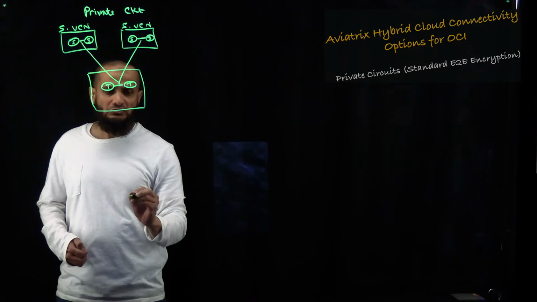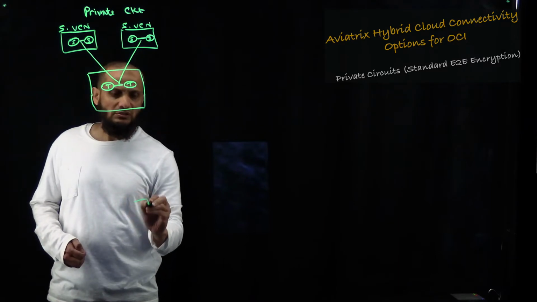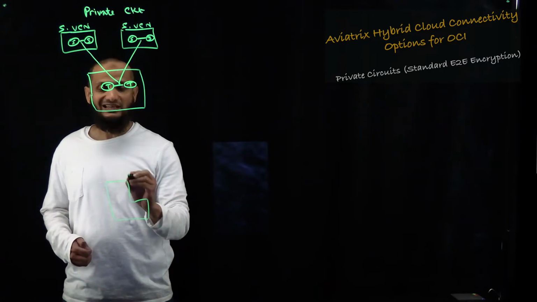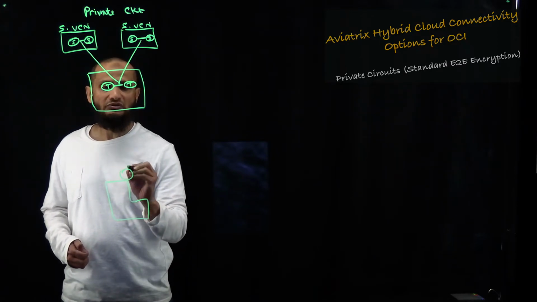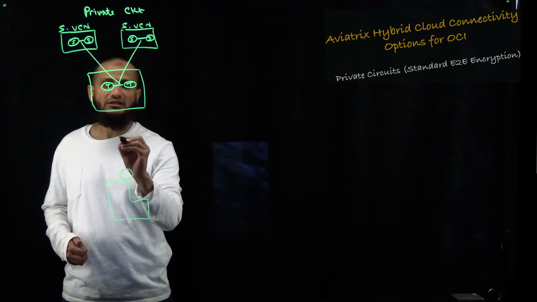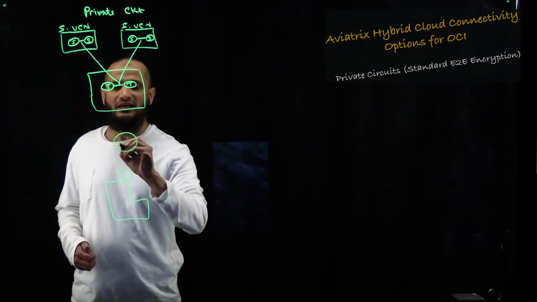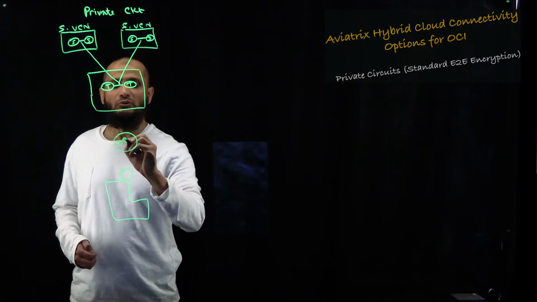In order for you to use the Fast Connect, which is the private circuit of the OCI, you have to use another native construct called a DRG. It's similar to the transit gateway of AWS.